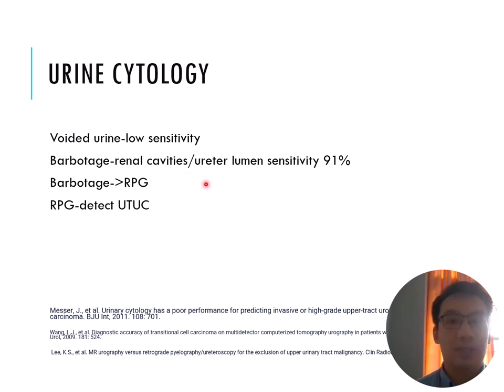So if you are performing URS, bubble touch, and biopsy because of a diagnostic dilemma, the surgeon should always perform the bubble touch first, followed by RPG, retrograde pyelogram, because the contrast used in retrograde pyelogram can alter the cytology or cells. The reason we perform a retrograde pyelogram is to look for a filling defect, which can otherwise be seen in the delayed phase of CT renal 4-phase.